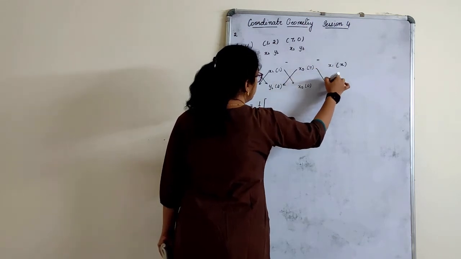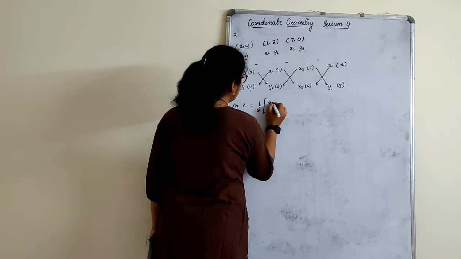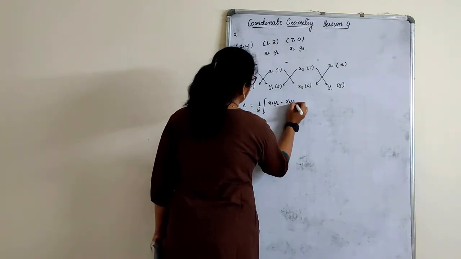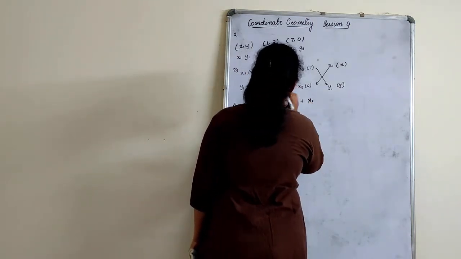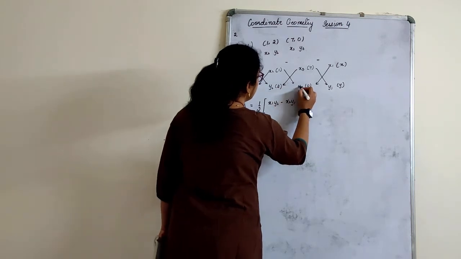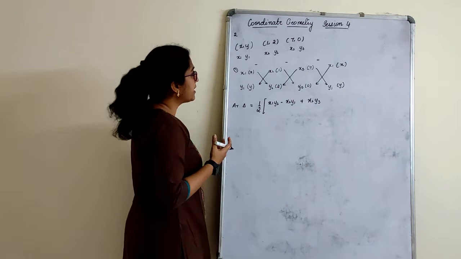Cross multiply them. So first we'll write the formula. x1 y2 minus x2 y1 plus, oh, this is y3, yeah, x2 y3. That's what I was wondering. Both the ways I have written x3.